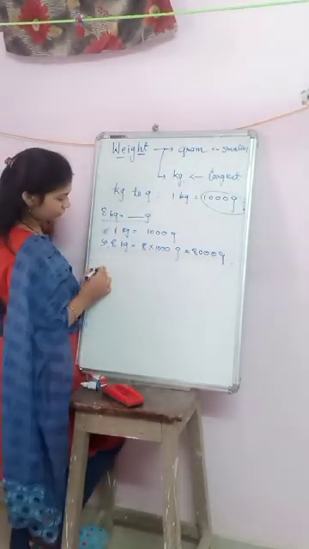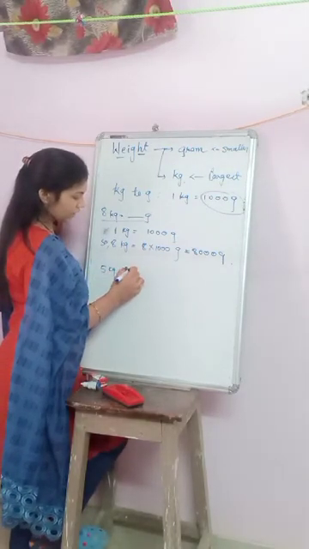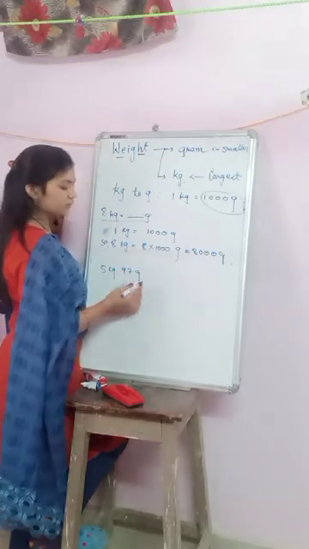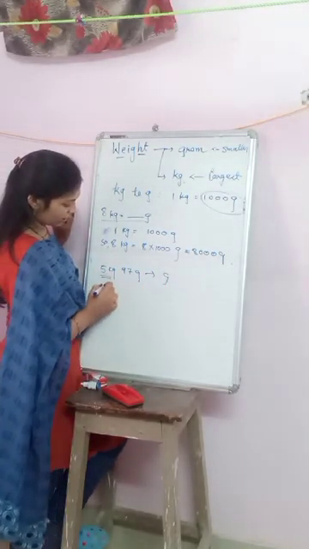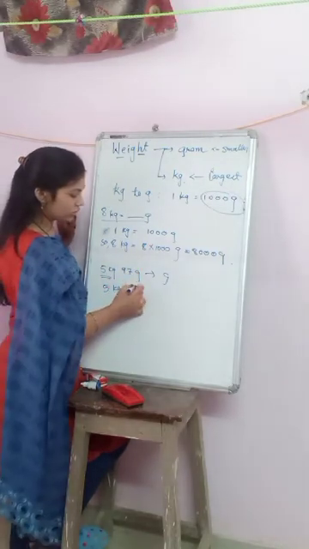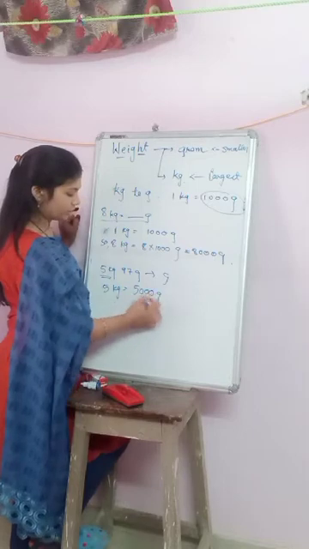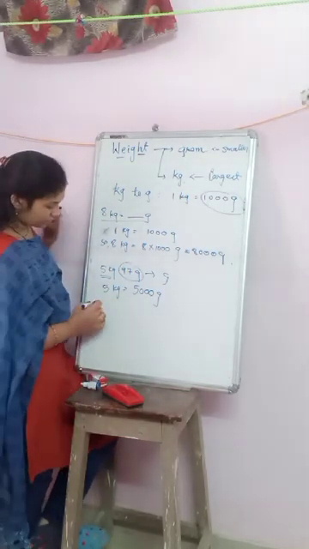Right? Another example, 5 kilogram 97 gram. We have to convert this to gram. So 5 kilogram equals, I am adding directly 3 zeros, 5000 gram. And now we have to add 97 gram.